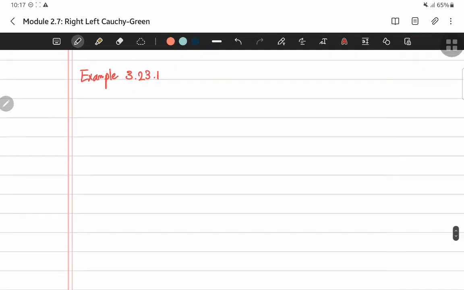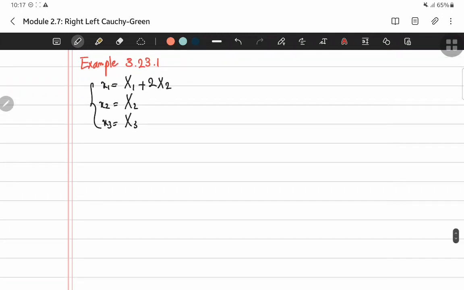It says that you have your displacement field in the form of x1 equal to X1 plus 2X2, and x2 equal to X2 and x3 equal to X3.